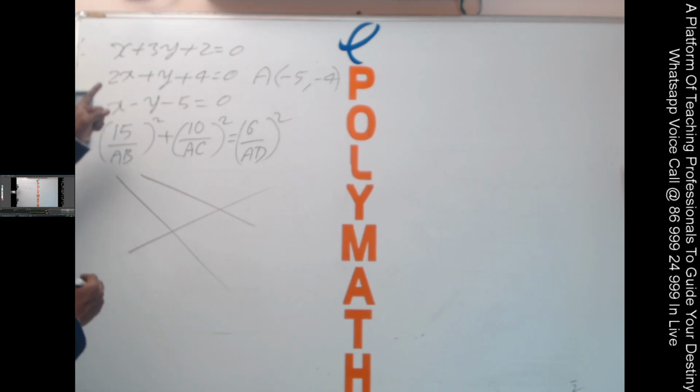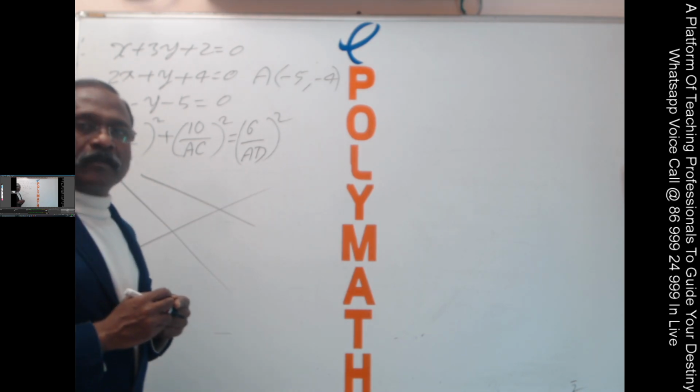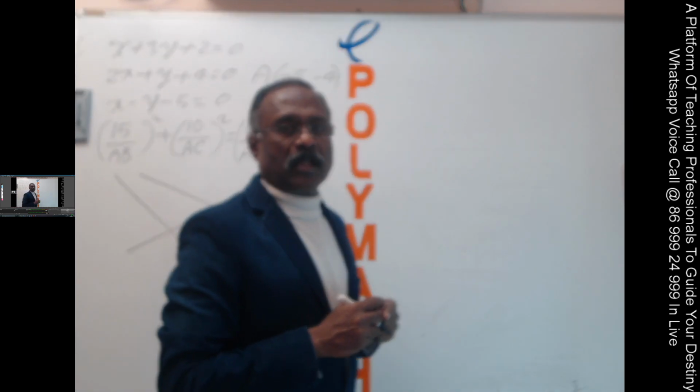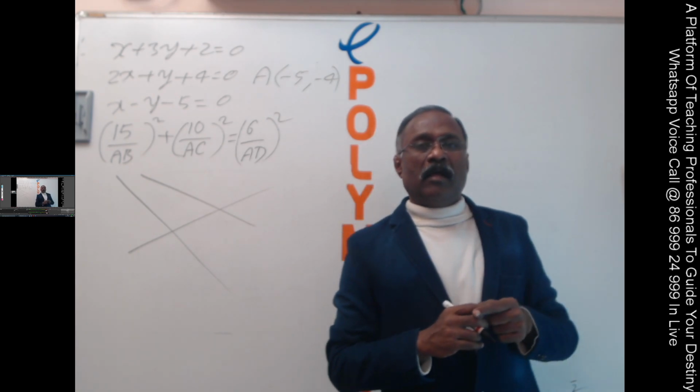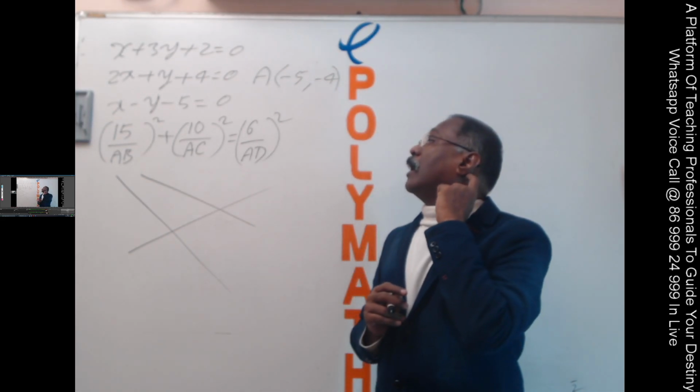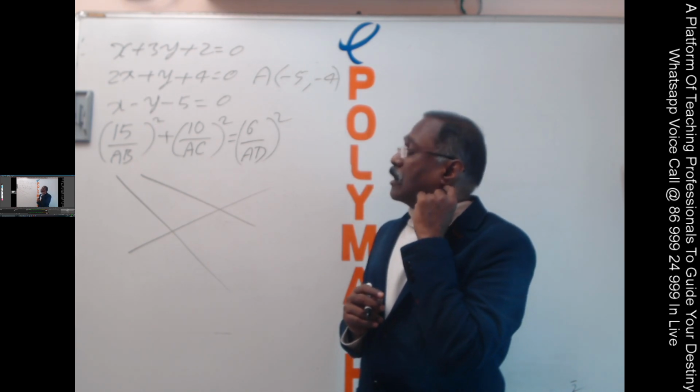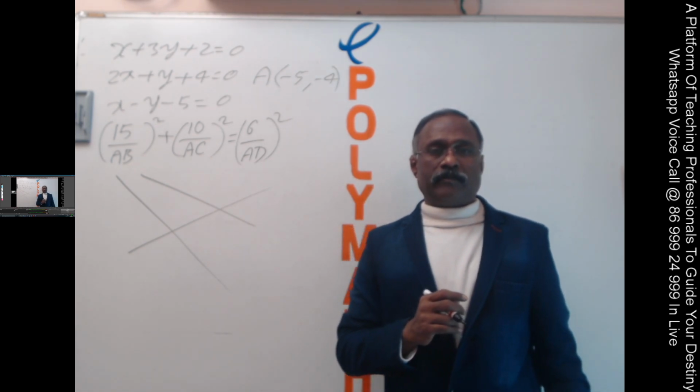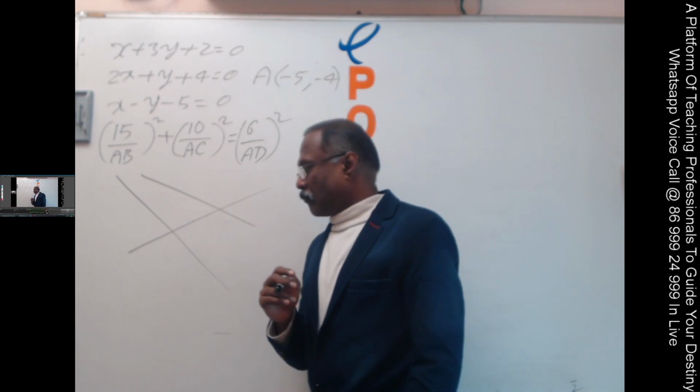No, they are not parallel. Its slope is minus 1 by 3, its slope is minus 2, its slope is 1. So all the slopes are different and hence all the lines are non-parallel. And I don't think they are concurrent either.